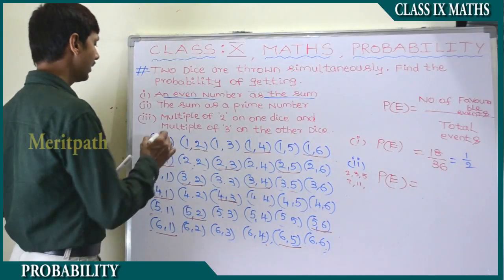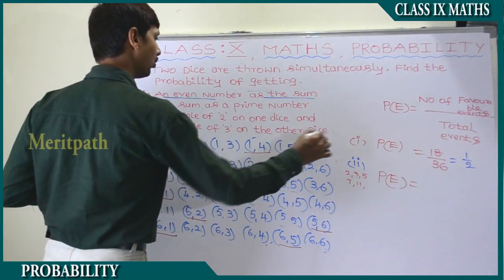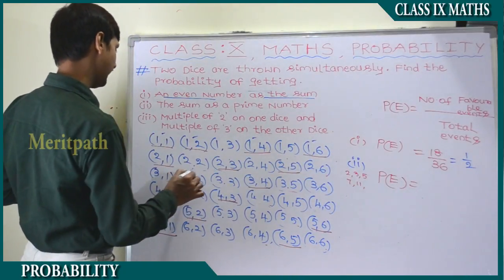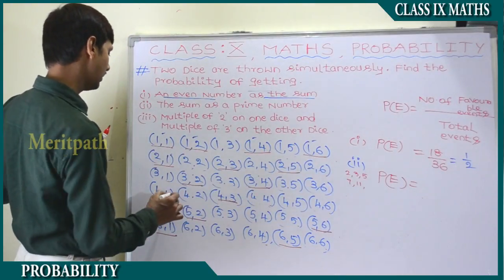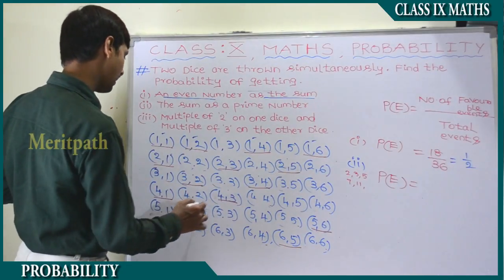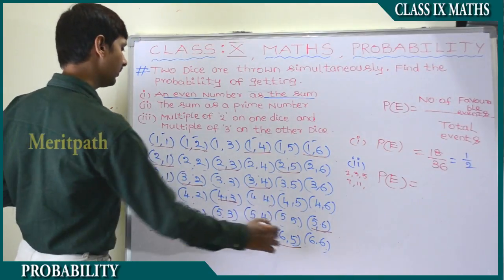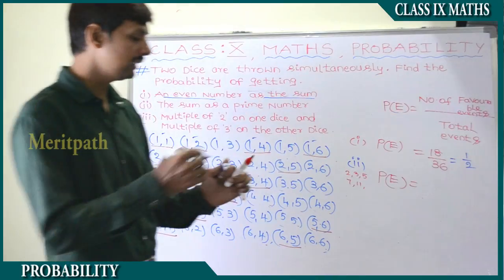Let's count again: first, second, third, fourth, fifth, sixth, 7, 8, 9, and then 10, 11, then 12, 13, then 14, 15. The total number of events we got here is 15.